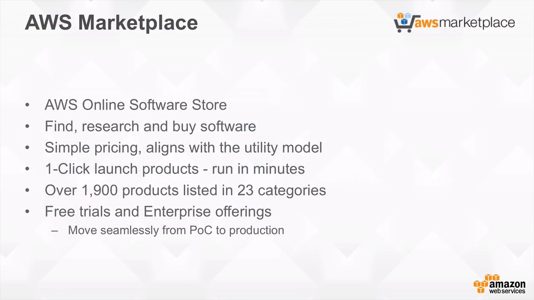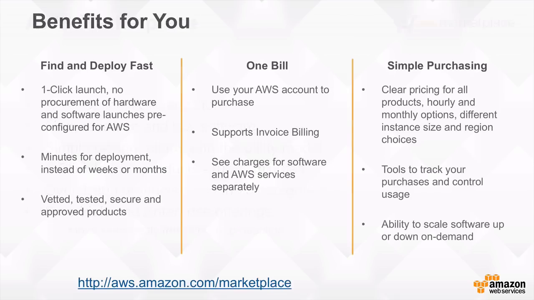The marketplace is an online store that enables you to buy software directly from within the marketplace, which is integrated in the console. As I've said, you've got this one-click launch process that allows you to run products in minutes, and there are over 2,000 products there listed today, so it's gone up a little bit since this slide was produced even. And there are a lot of benefits from using the marketplace, really. You can find and deploy software quickly.